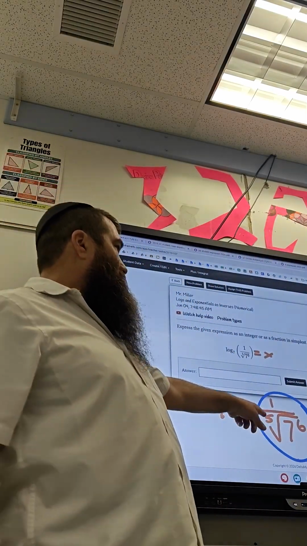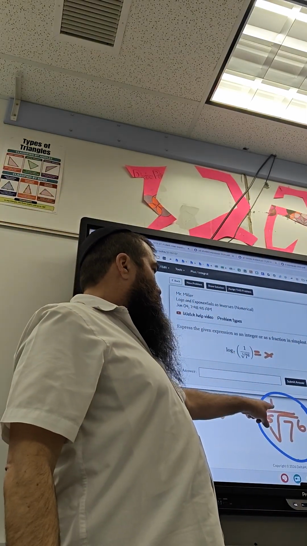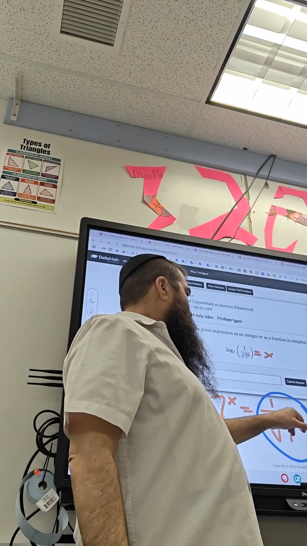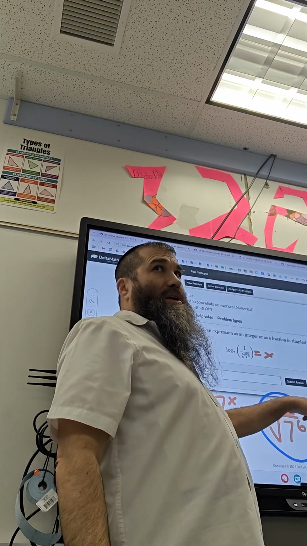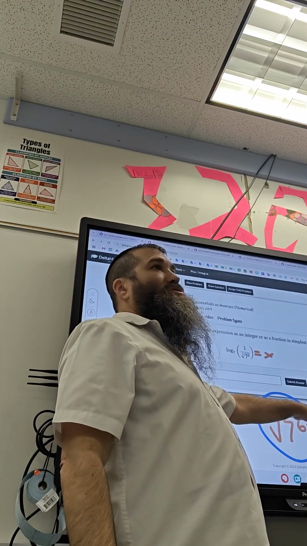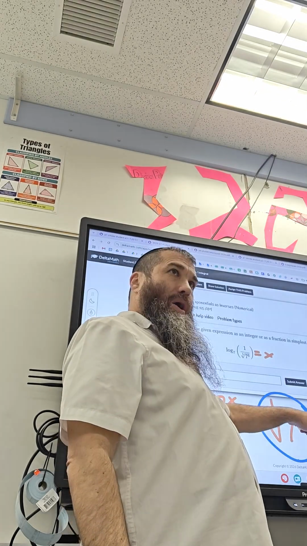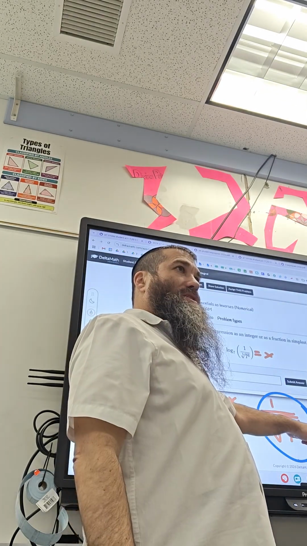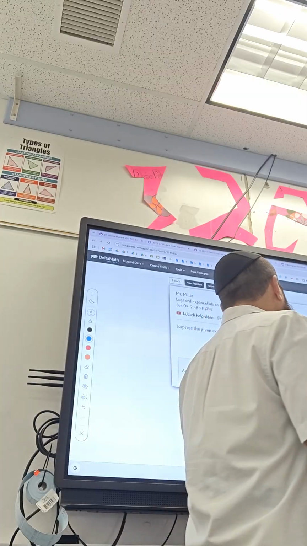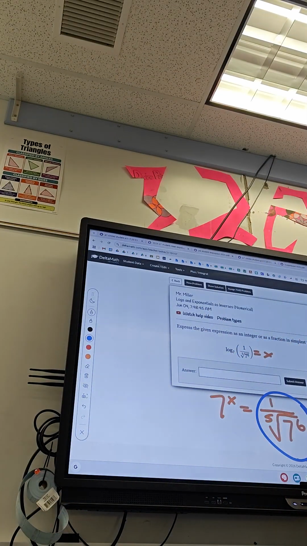The first thing I'm going to do is put this 5 under this 6. When you write the exponent as a fraction, the top number is a power, making it bigger. The bottom number of the fraction is a root, making it smaller, so to speak.